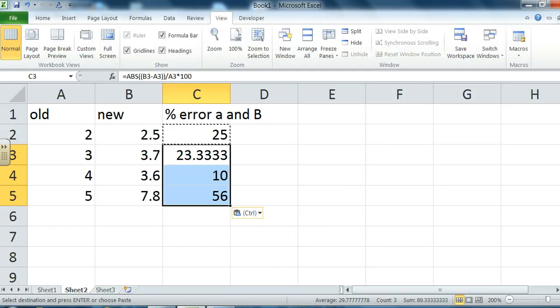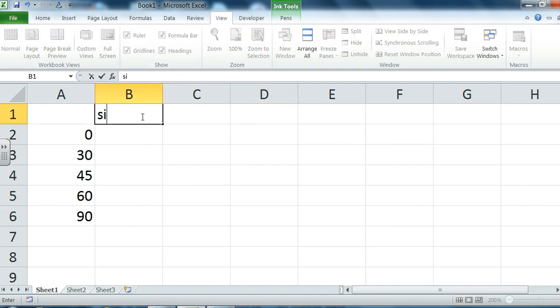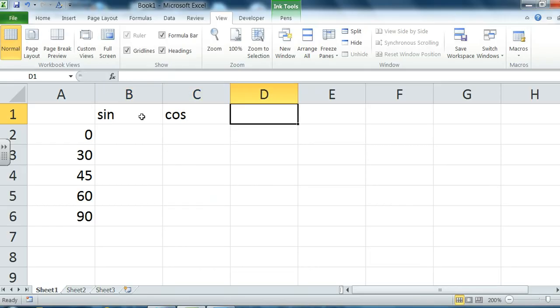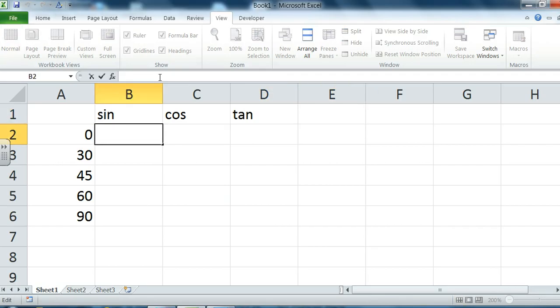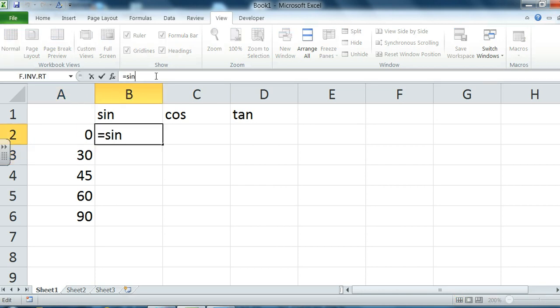So now we go back to Excel, and I'm going to take the sine, the cosine, and the tangent of these values. So I'm going to type equal, sine, parentheses, A0, close parentheses.